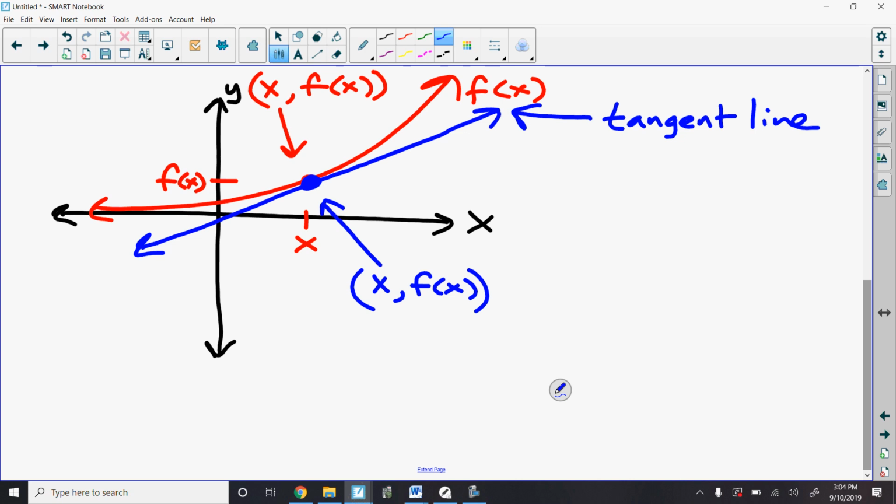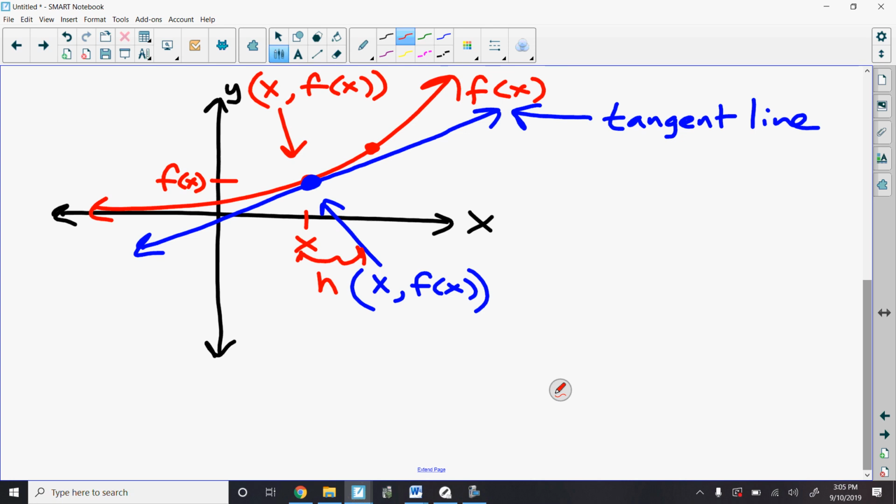So I'm going to choose another point that is on my function f of x, I think it's the red line. Okay? And what I'm going to say is this distance right here is a distance h away from x.